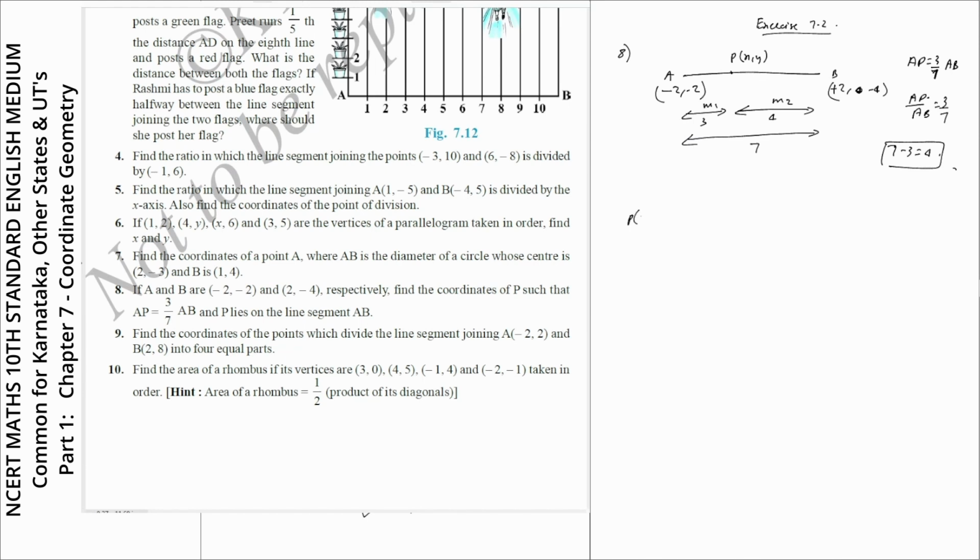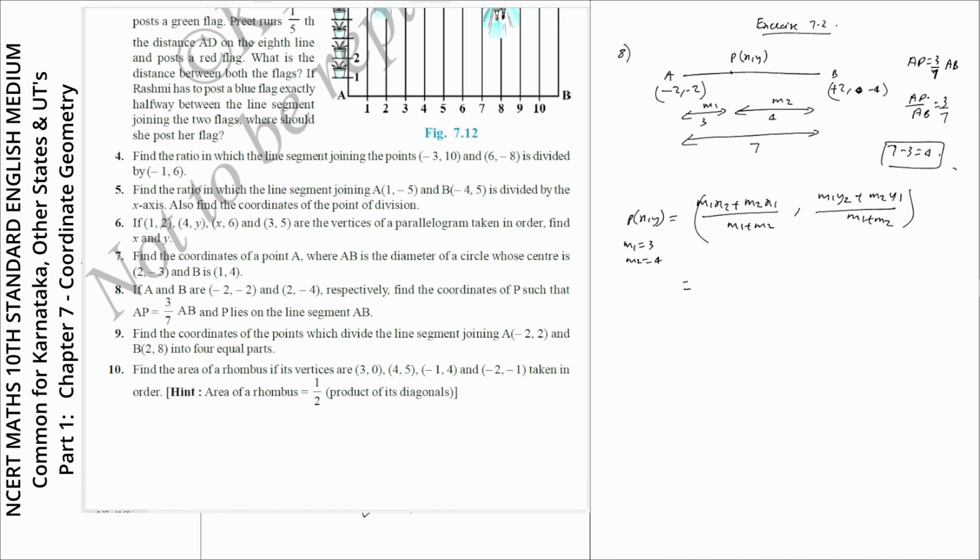So I am taking M1 equal to 3, M2 equal to 4. For P(x, y), what is the formula? First write the formula: (M1 x2 plus M2 x1) divided by (M1 plus M2), comma, (M1 y2 plus M2 y1) divided by (M1 plus M2). Now substitute the values of M1, M2, x1, x2, y1, y2.